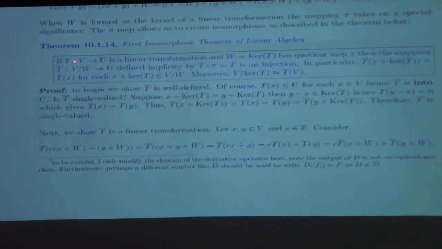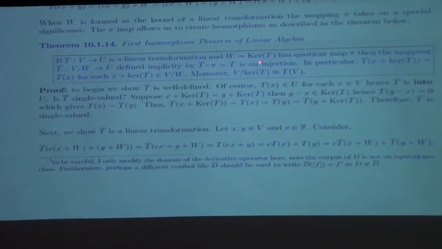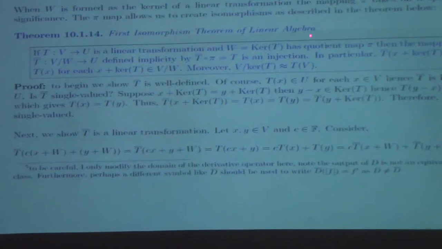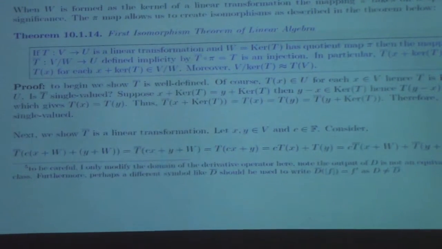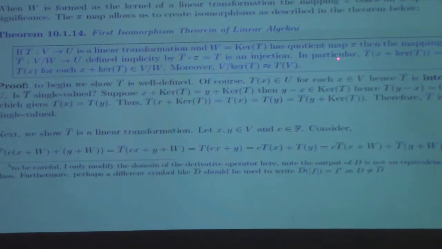The point is we take a linear transformation and its quotient map with respect to the kernel. The result here is that we can make this mapping T bar, the so-called induced mapping, on V mod W. Now W is the kernel. I just get tired of writing kernel T everywhere, okay?